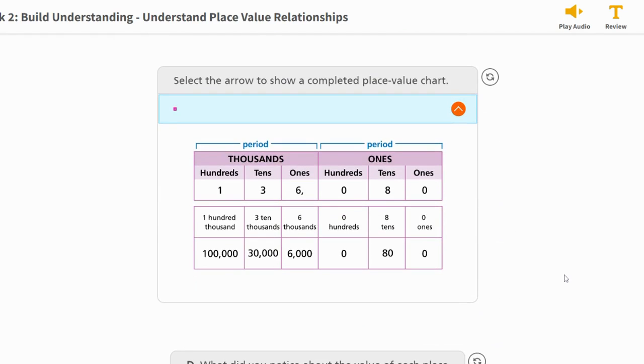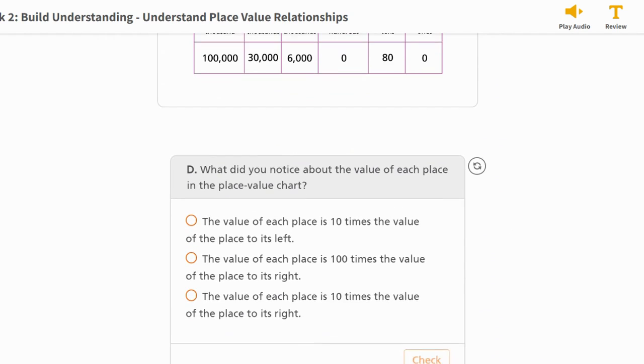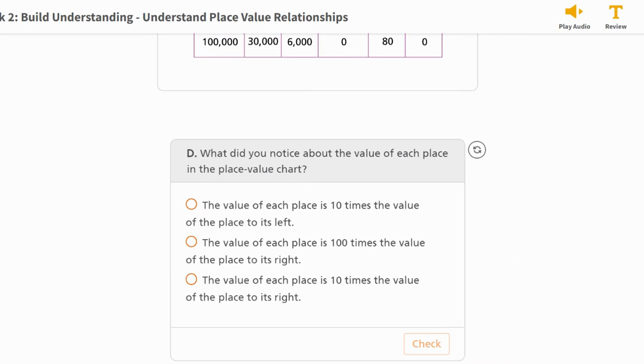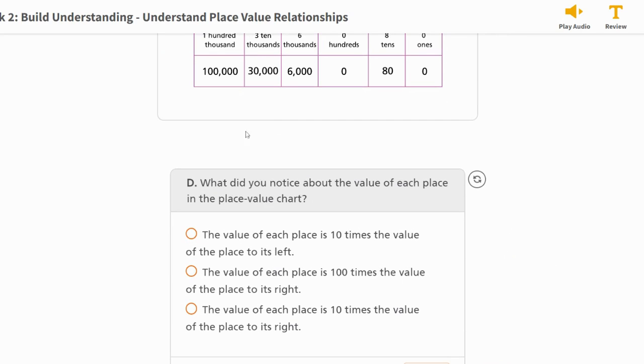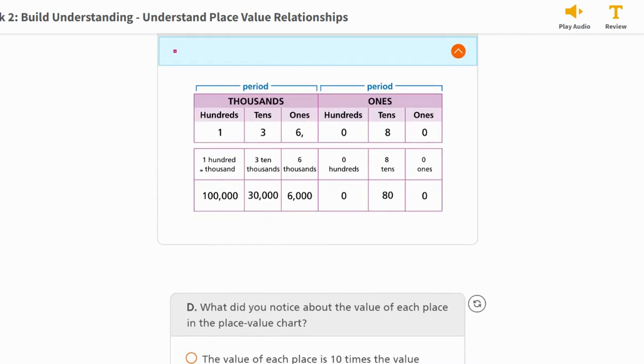This here shows you the correct answer, just like I wrote it for you, and what the book shows you. So what did you notice about the value of each place in the place value chart? Looking at this place value chart: ones, tens, hundreds, thousands, 10,000s, 100,000s.